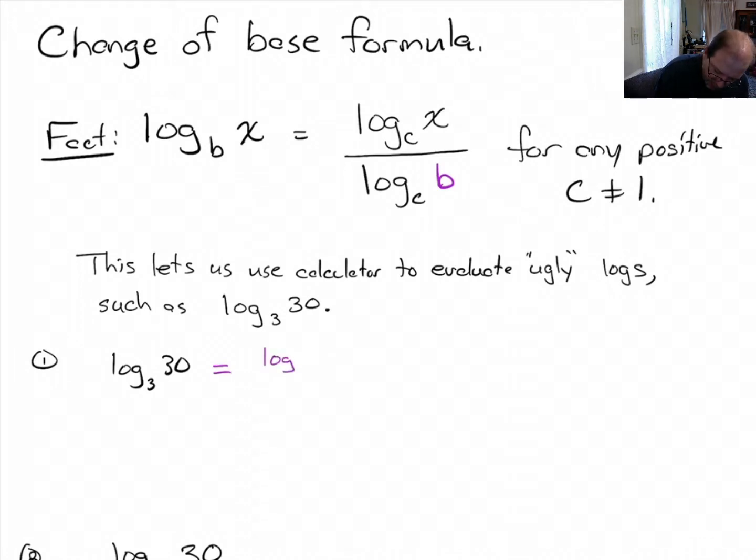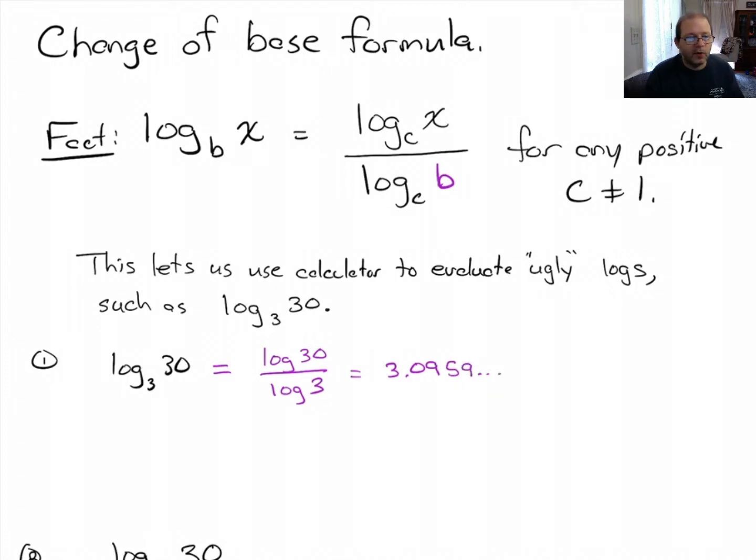I could do this as log of 30 over log of 3. And when I do that, you have to be careful with your parentheses here. Log of 30 divided by log of 3. This gives me 3.0959, and it keeps going.